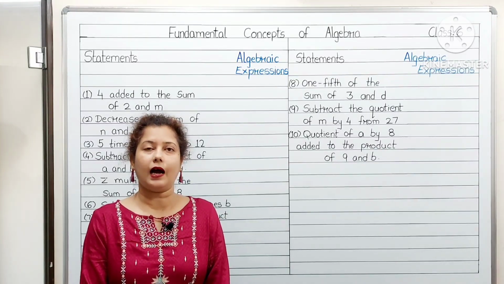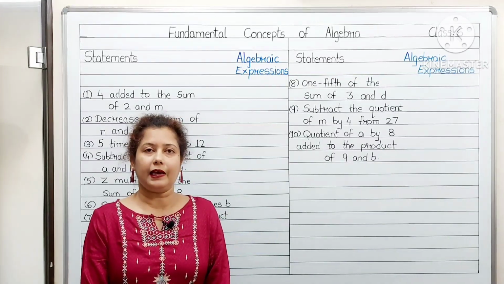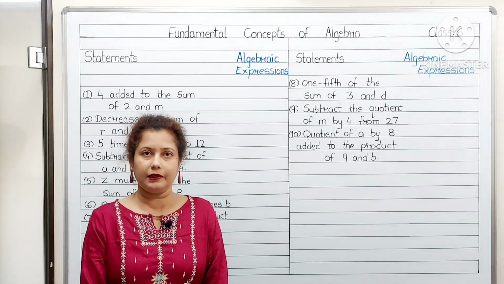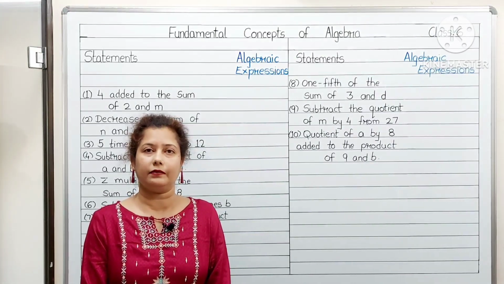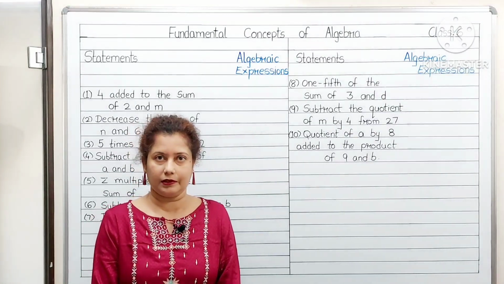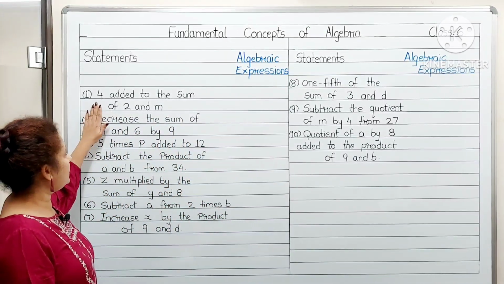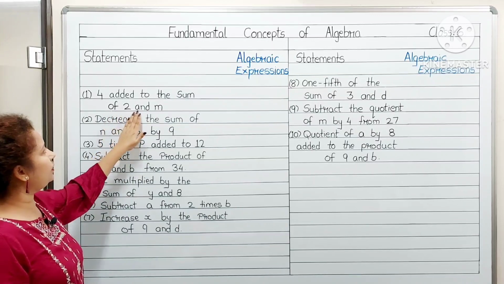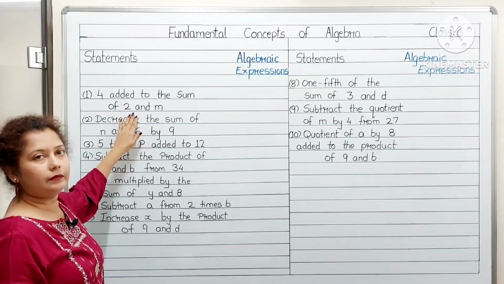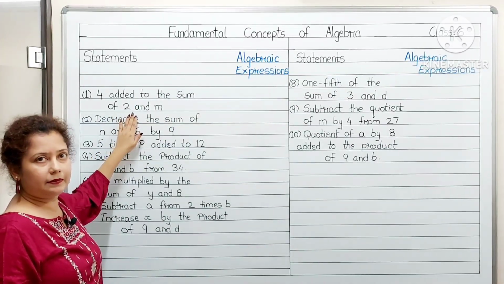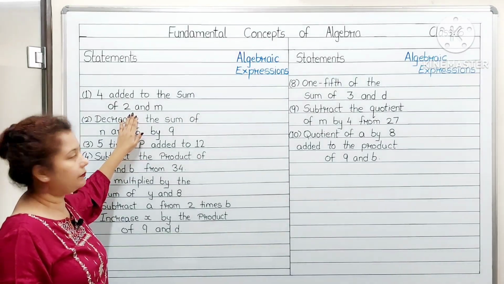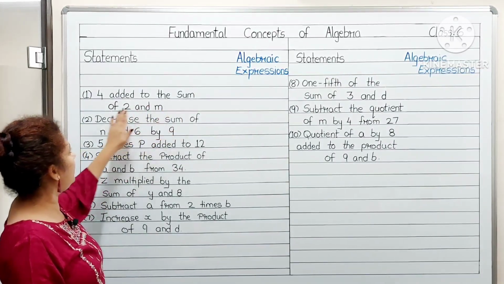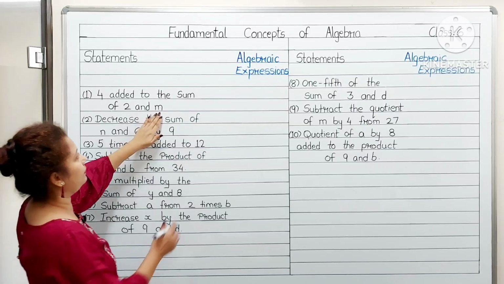Now we will understand how to write algebraic expressions of statements involving more than one mathematical operation. First statement is 4 added to the sum of 2 and m. We will divide this statement into different parts. The first part will be sum of 2 and m.